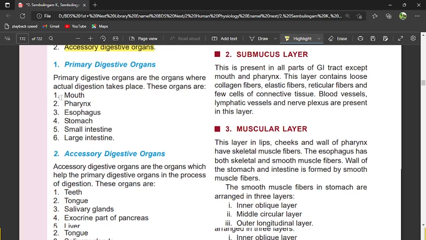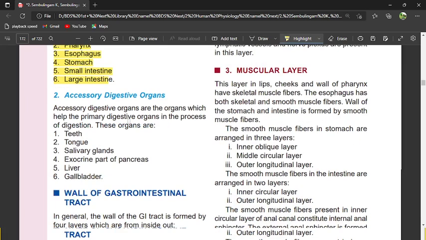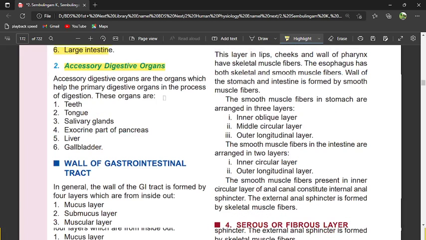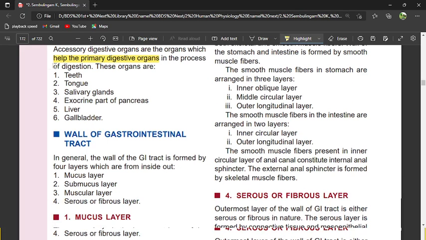These include the mouth, pharynx, esophagus, stomach, small intestine, and large intestine. Next, accessory digestive organs help the primary digestive organs with digestion. They include teeth, tongue, salivary glands, exocrine part of pancreas, liver, and gallbladder.